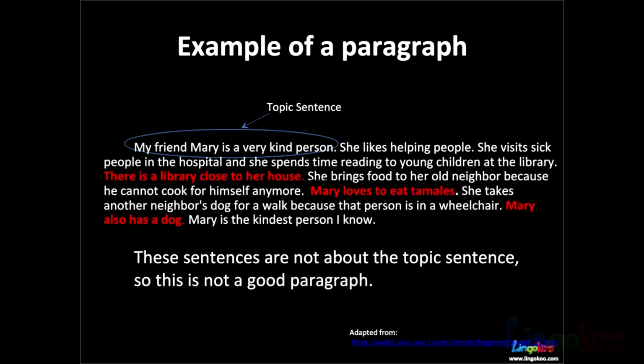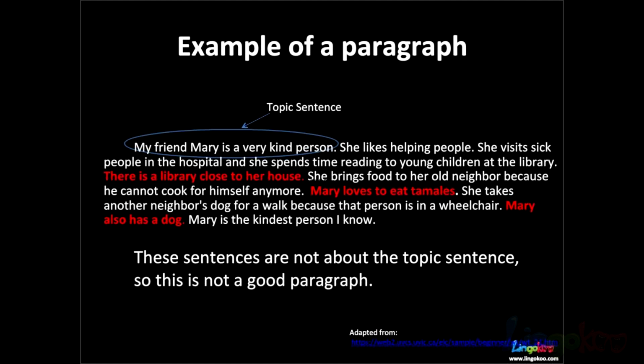Well, in this example, if you look at the 3 red sentences that I added, those sentences in red do not help tell me why Mary is a kind person. That she has a library close to her house is not connected to her being a kind person. That she loves to eat tamales also is not connected to her being a kind person.